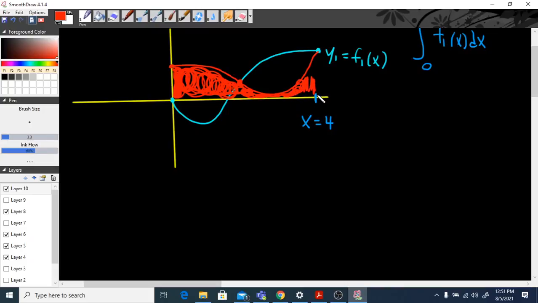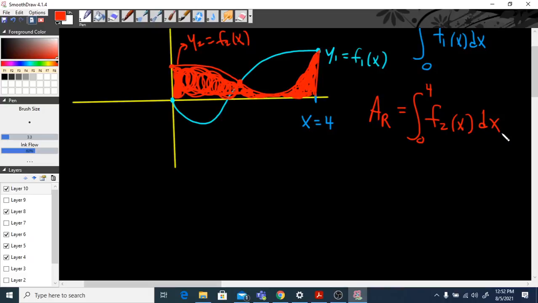And notice that this thing never goes negative, so we don't have to split it up like we did the blue one. So the area of the red one, let's call it A with an R there, area of the red, is just going to be the integral from 0 to 4, and I haven't given this one a name. Let's call it F2, whatever this thing is, the red curve is F2.